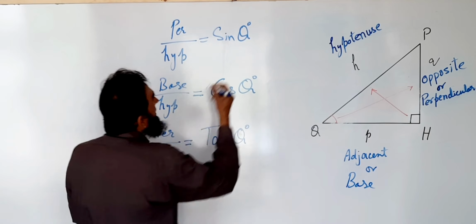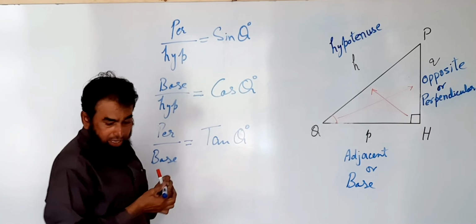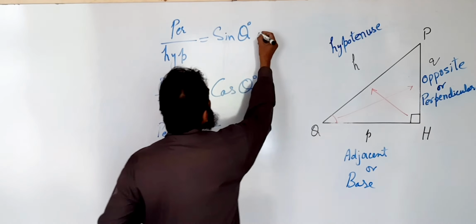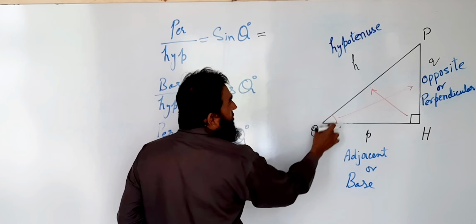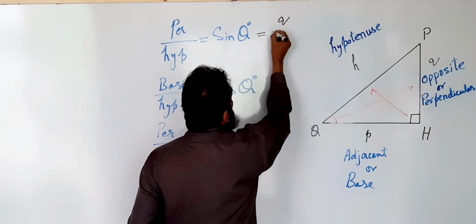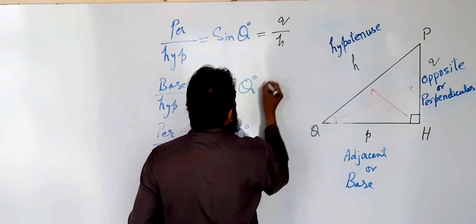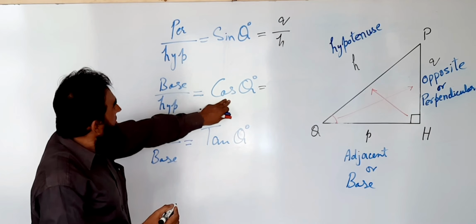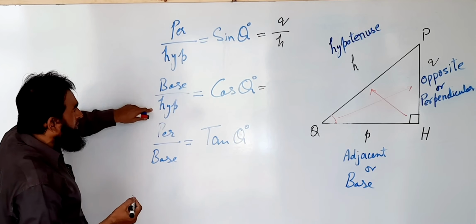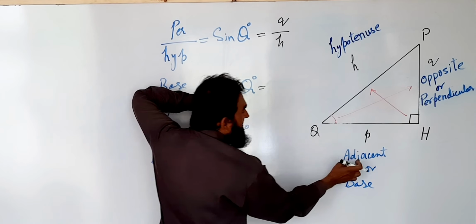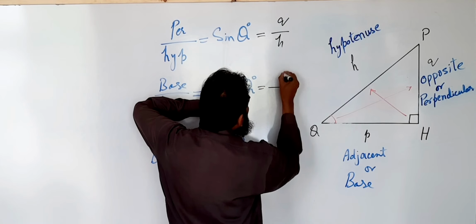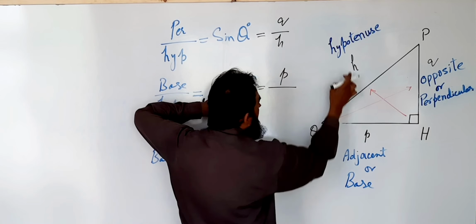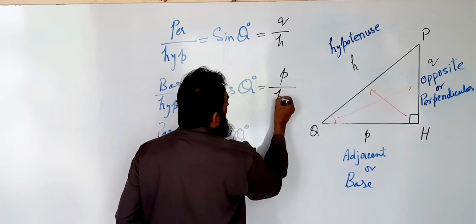So you can write that sine of angle Q is equal to side q over hypotenuse. In the same way, cos is the ratio between base and hypotenuse. For this Q, the base is p and h is the hypotenuse.